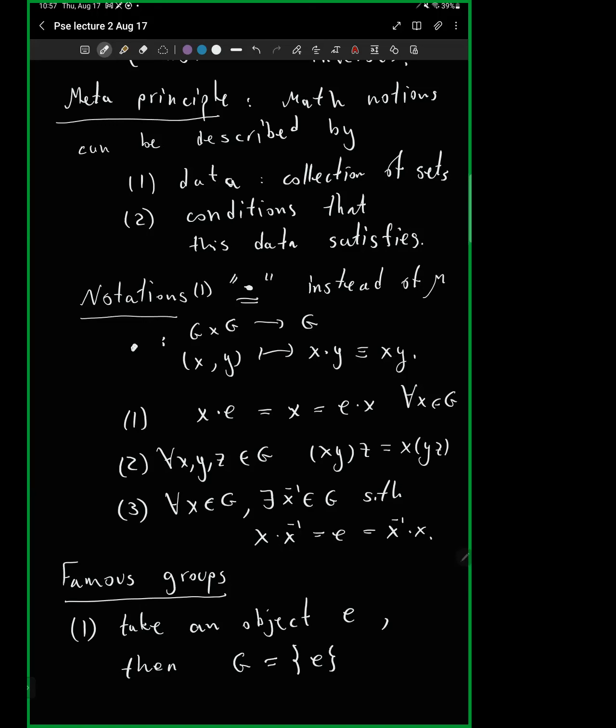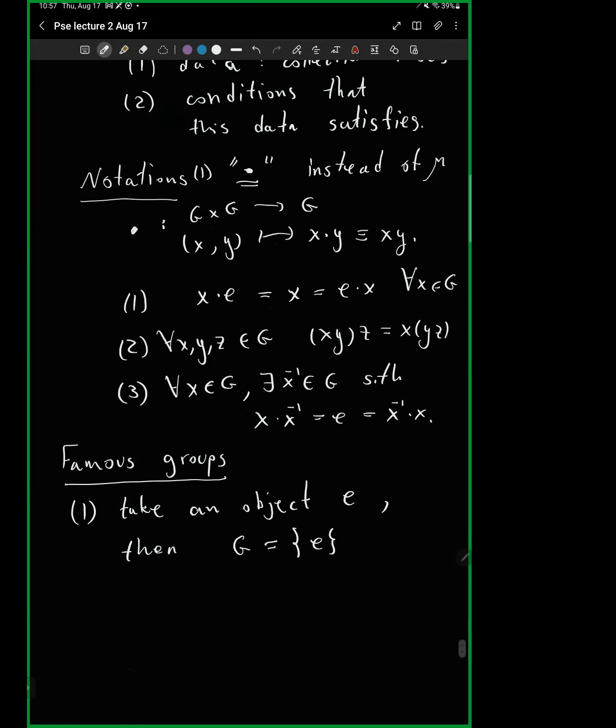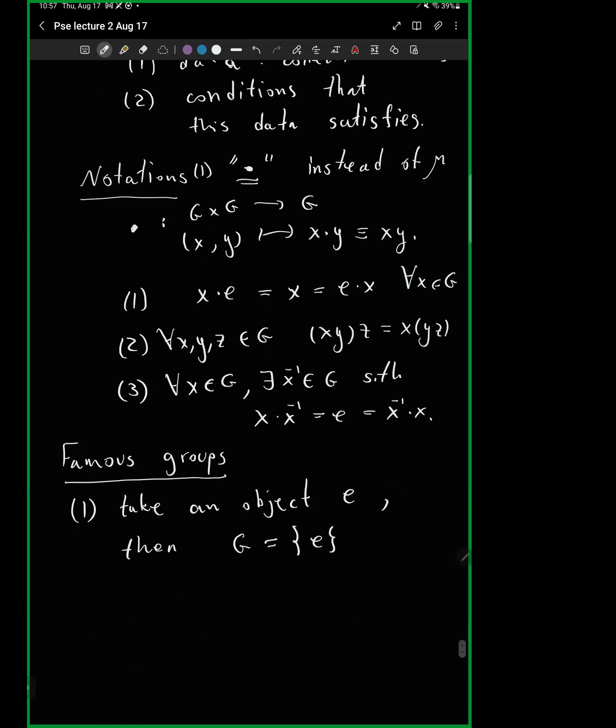I mean, E binary operation with itself is E. Right? So this is called the trivial group.